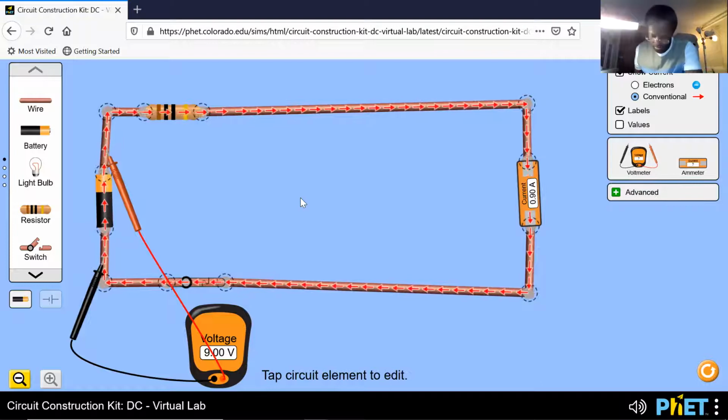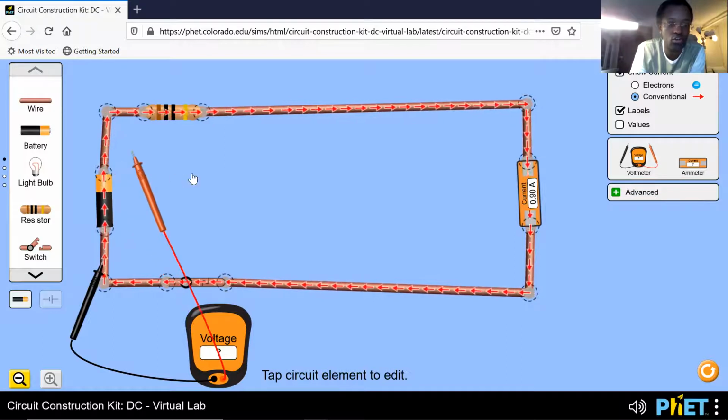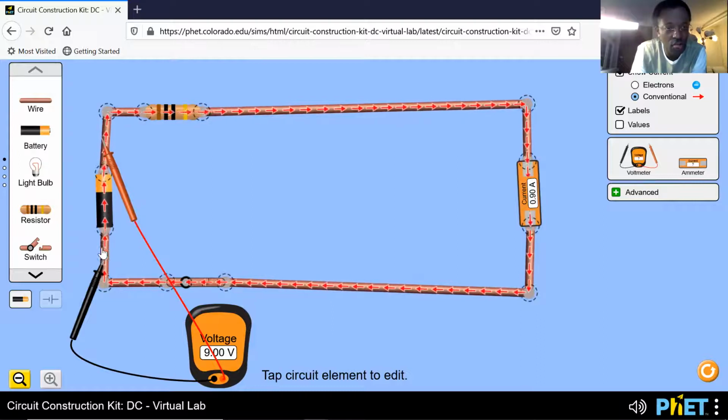So what do we do next? Oh, I can measure the voltage. So we are saying here that the voltage from this end of the battery to this end of the battery, the electrons are gaining energy. You see that?